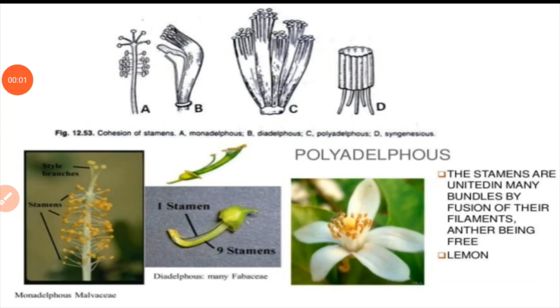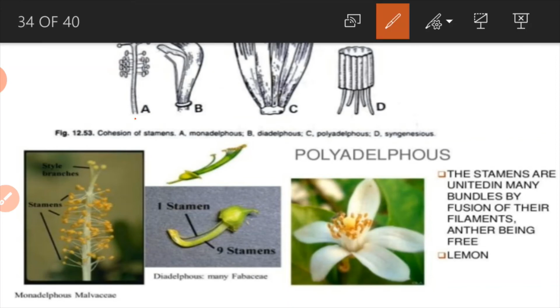So here we will see different forms of androecium. Monoadelphous: if one group is formed, then it is monoadelphous, in case of hibiscus, China rose. If there are two groups, then it is diadelphous, for example in pea.